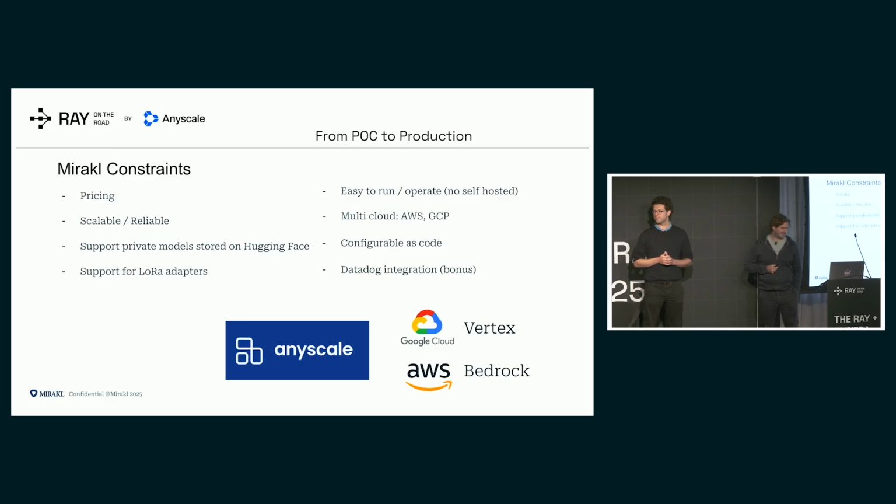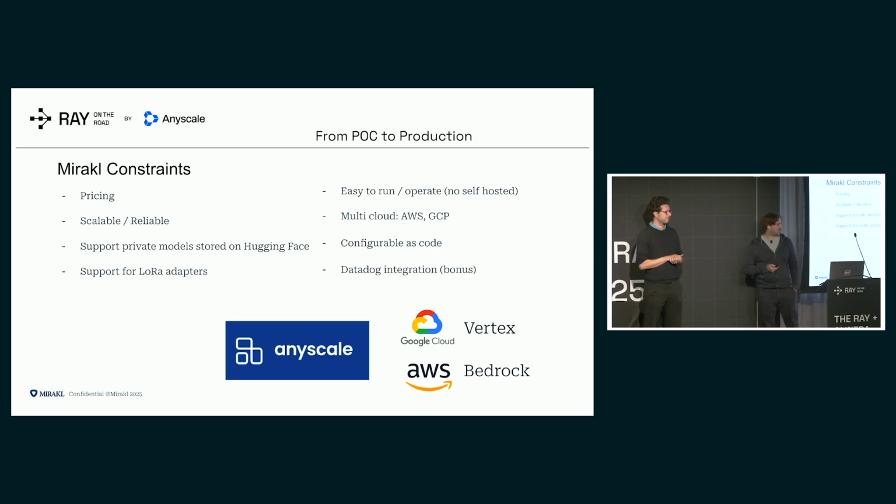For Google Vertex AI, at that time in 2024, we would have had to set up a dedicated GKE cluster. So that was not really simple to set up and to operate. It's another piece of infrastructure for us.